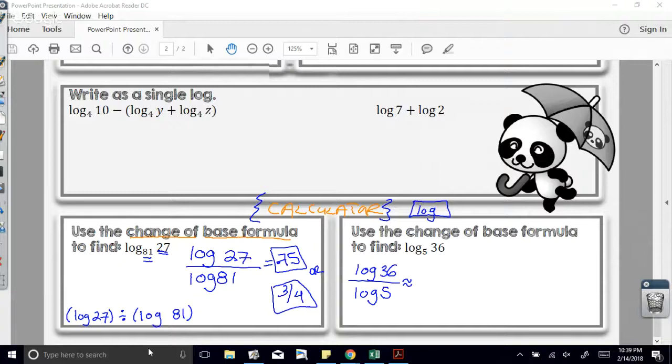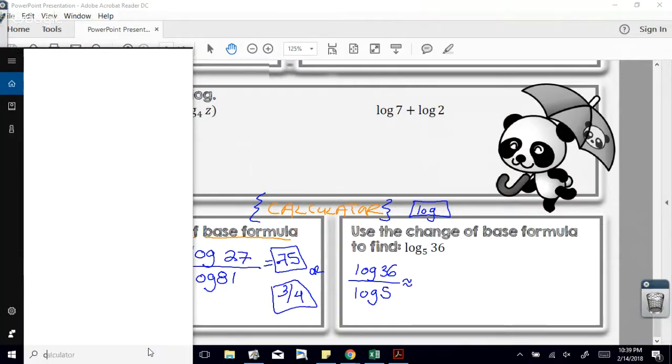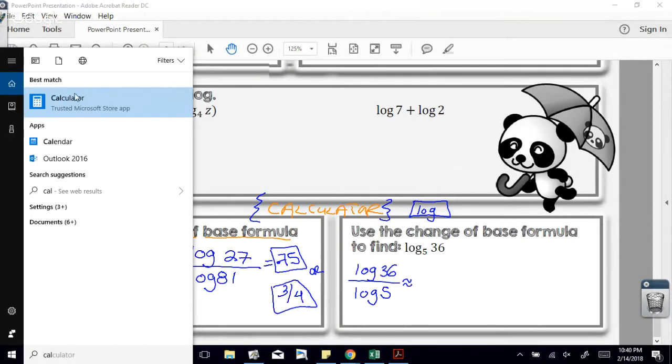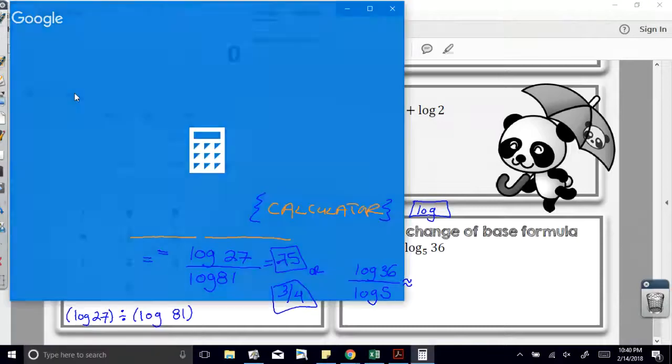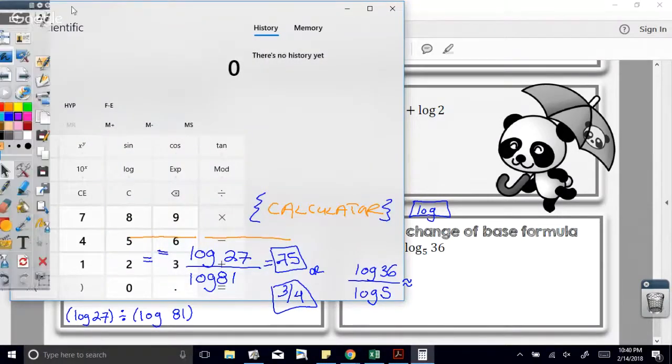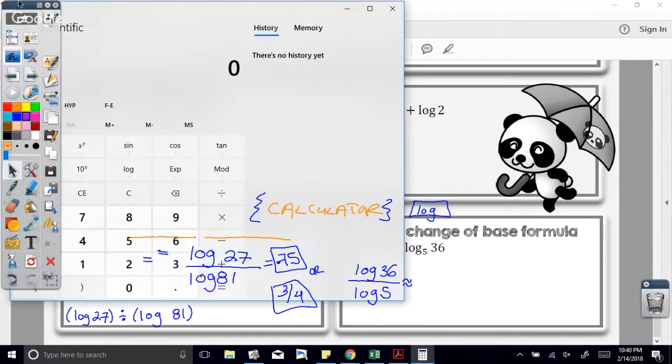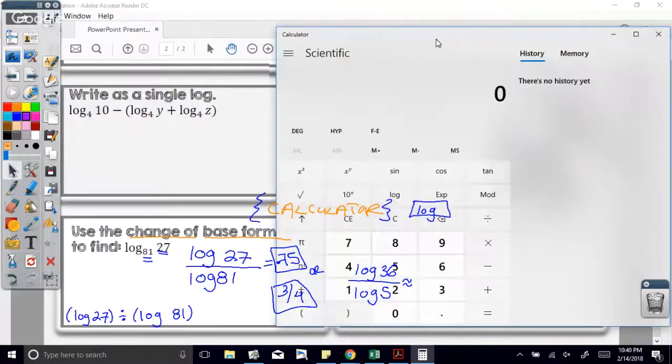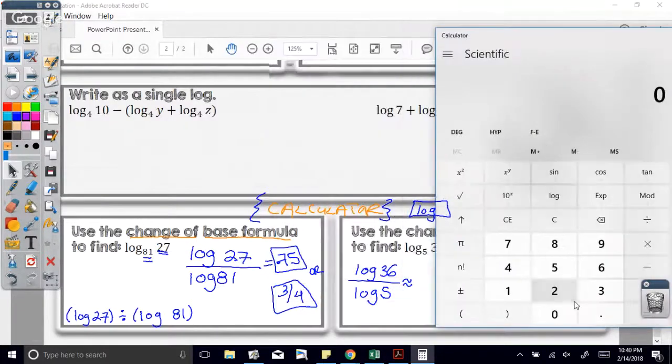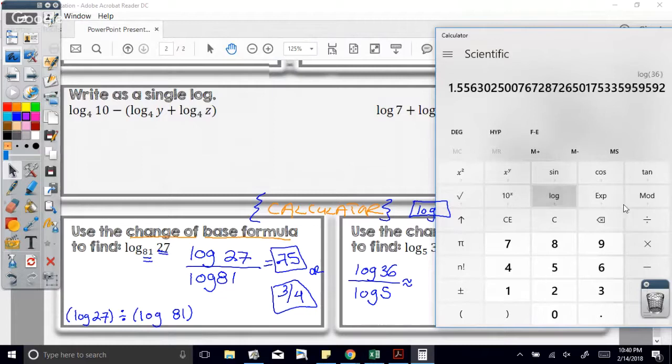Okay, so again, let's find this calculator. As you can see it, I'm going to go 36 log divided by, and when I do divided by, I've got to hit parentheses, 5 log.